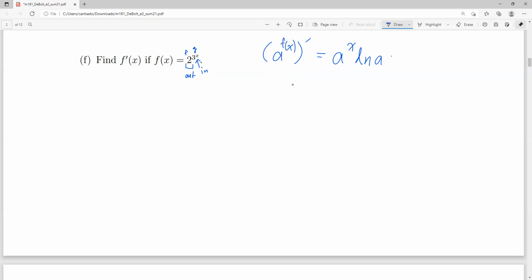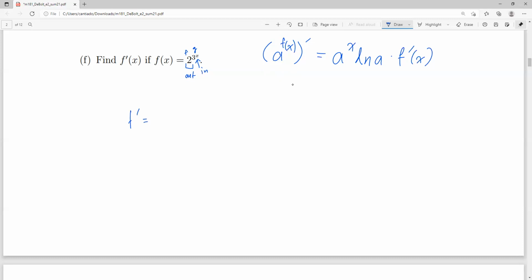If we have a function inside the exponent, it's going to be a to the x times ln of a times the derivative of the exponent, so the derivative of f. That's the property we're going to use here. This is chain rule applied already, so we can answer this question.